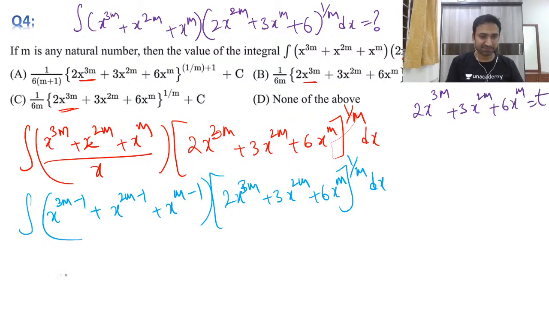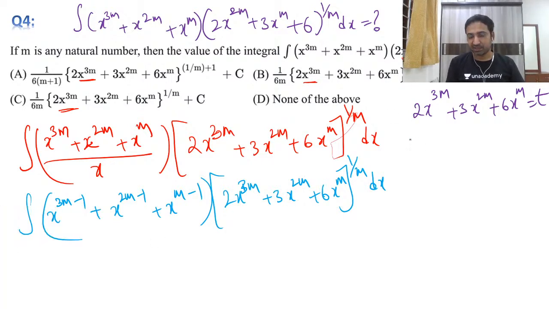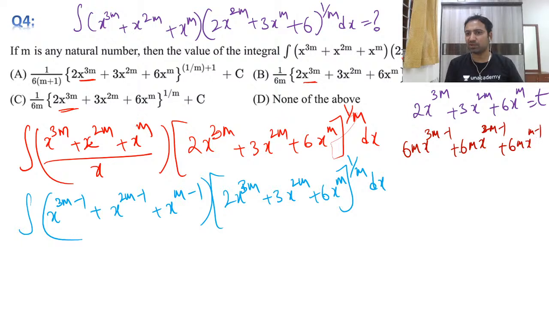If I take it like this and differentiate it, I get 6m into x power 3m minus 1 plus 6m into x power 2m minus 1 plus 6m into x power m minus 1, into dx, is equal to dt.